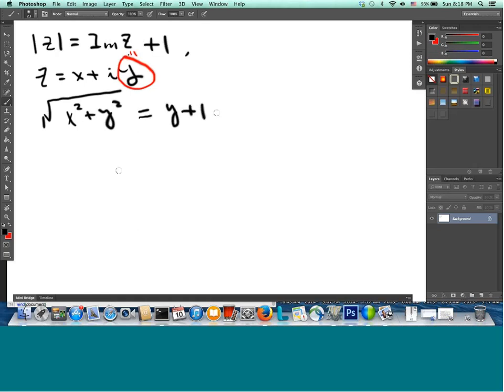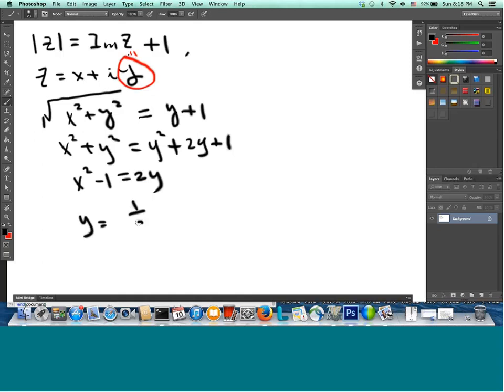So you have x squared plus y squared equals y squared plus 2y plus 1. Then x squared minus 1 equals 2y. So y equals 1/2 x squared minus 1/2.